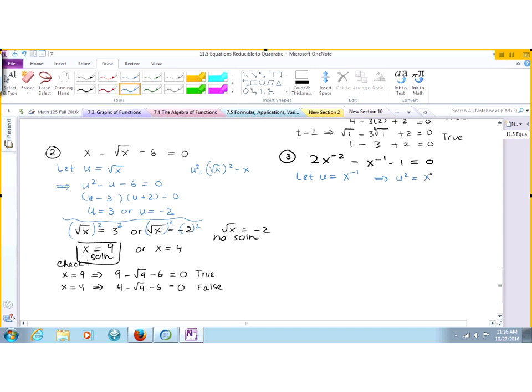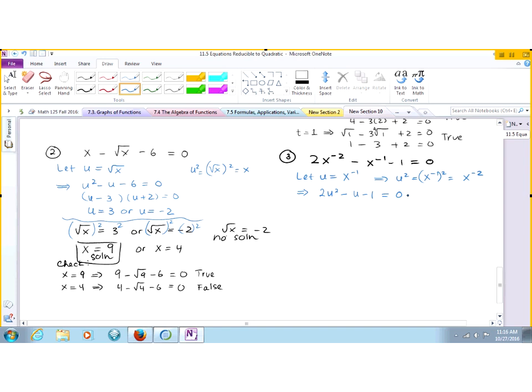What is u squared? x to the negative 1 squared, which is x to the negative 2. Yeah. All right. So then what do you have here? 2u squared minus u minus 1 is equal to 0.